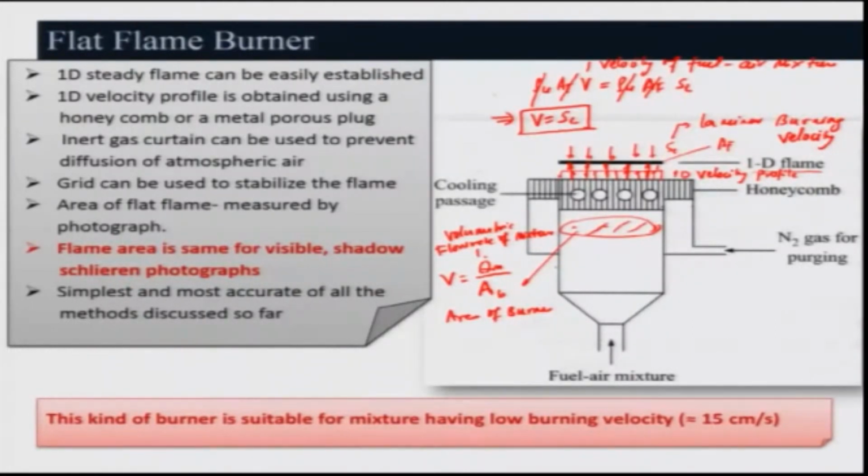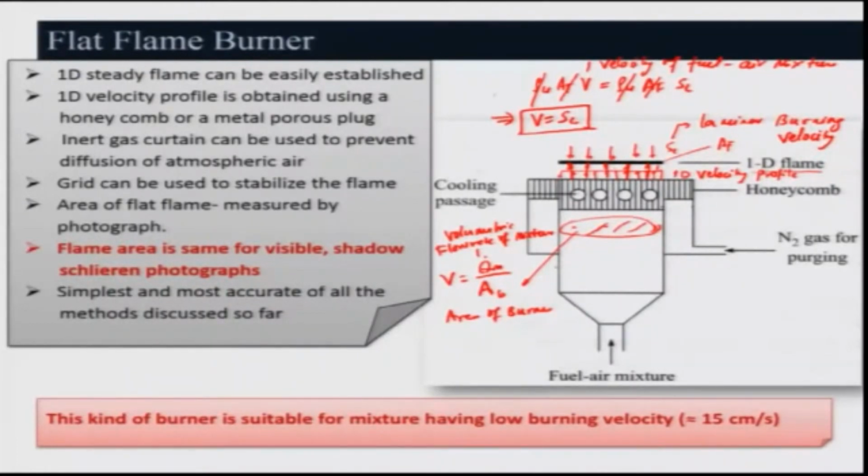But it is difficult to manufacture this flat flame burner, because I had done this earlier. It was really very difficult, because I had used hypodermic tubes, which get blocked very easily.